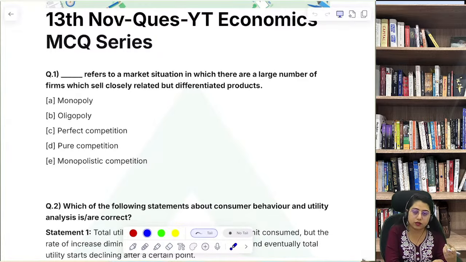For example, the coffee shops, for example, the clothing brands. They all are working on clothes but of a different type, so that is monopolistic competition, where a large number of firms sell closely related but differentiated products.